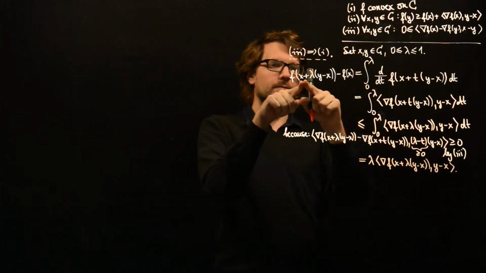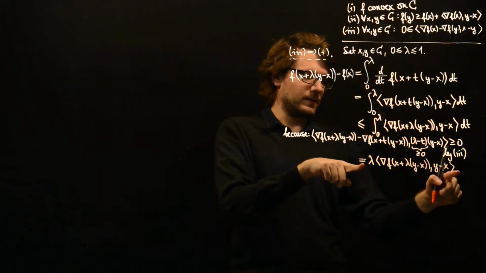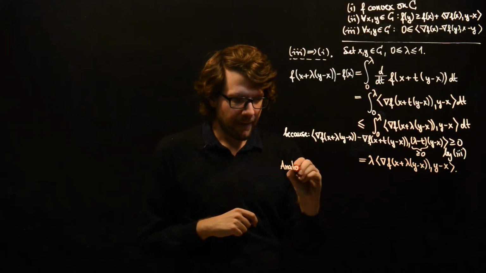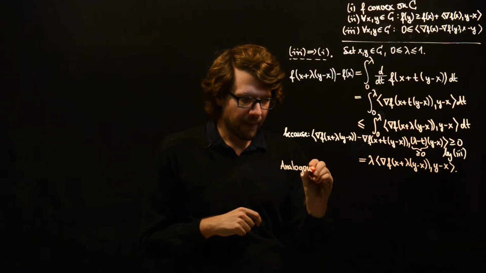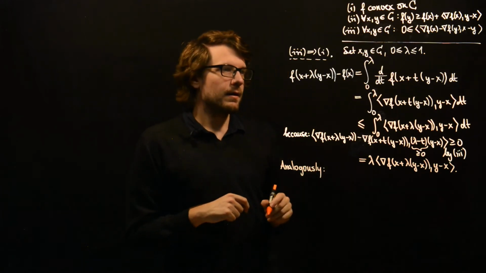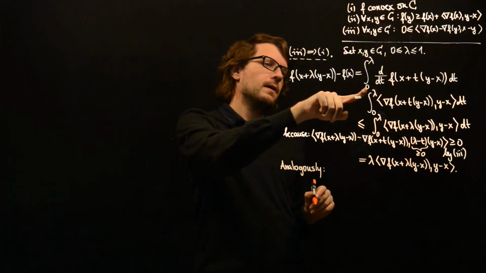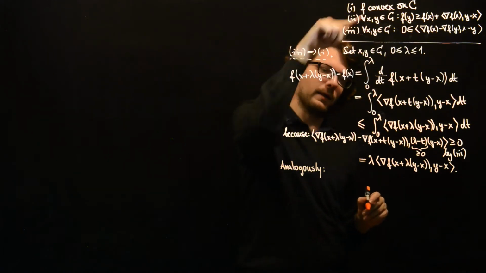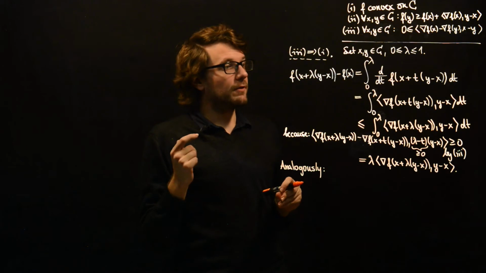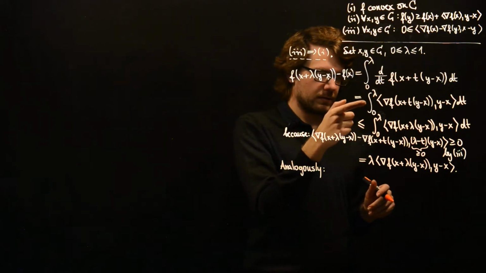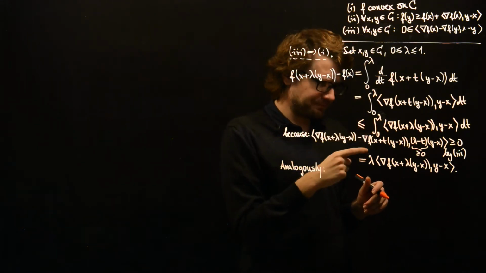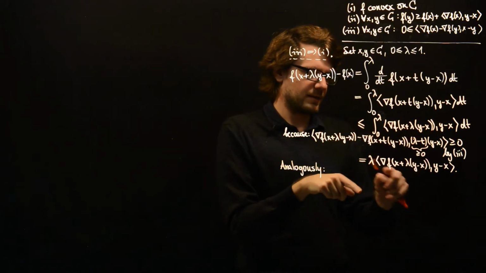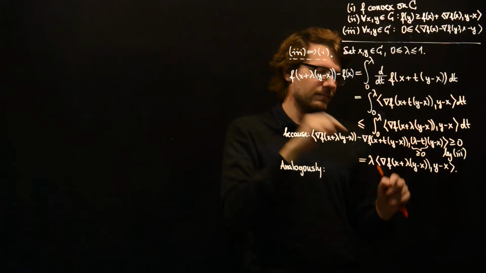Okay, so we have shown this is less or equal than this. And analogously, we can do this for lambda to 1. And for lambda to 1, we also want to estimate this. We will also estimate this so that we get this gradient f at this point in the middle.